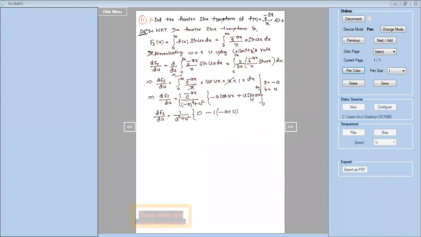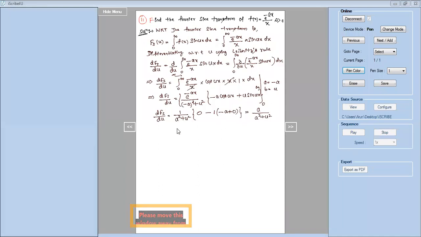So it is minus a plus 0. Now minus a into the minus sign gives plus, so on simplification we get a by a square plus u square. So dfs by du is equal to this.